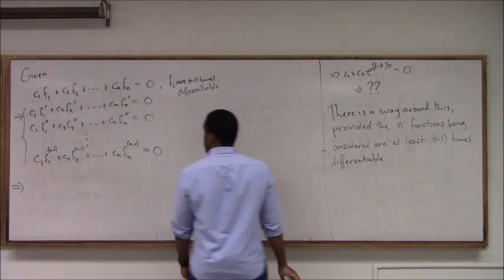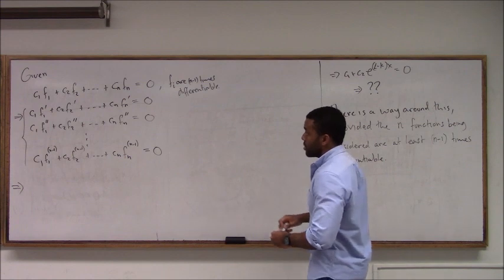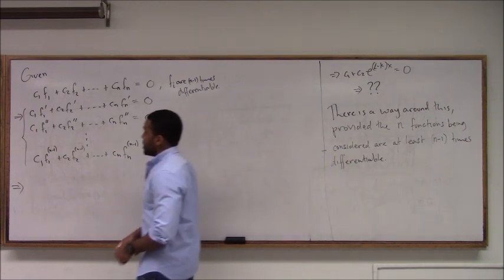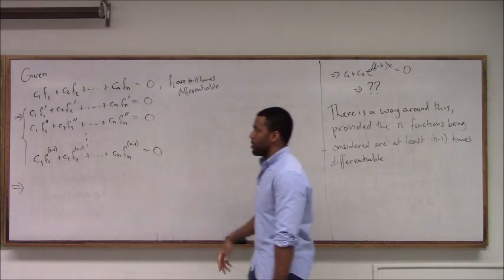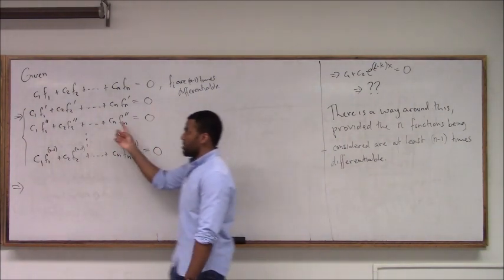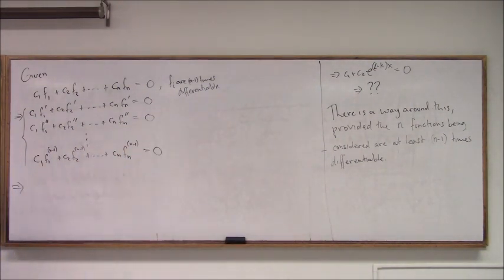Now, what is the solution that I care about? It's actually the solution for the c's, right? So I'm going to flip the switch here, and think of the c's as the variables that I need to solve for, and the functions as the constants. And so what I have is an n by n system.